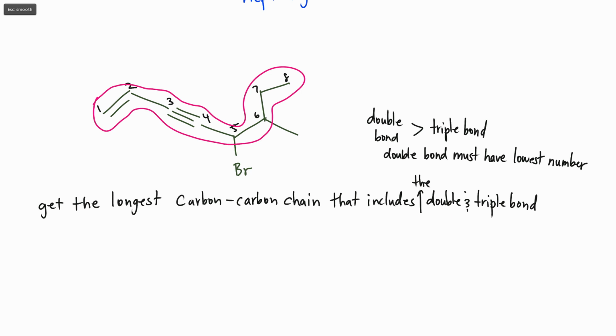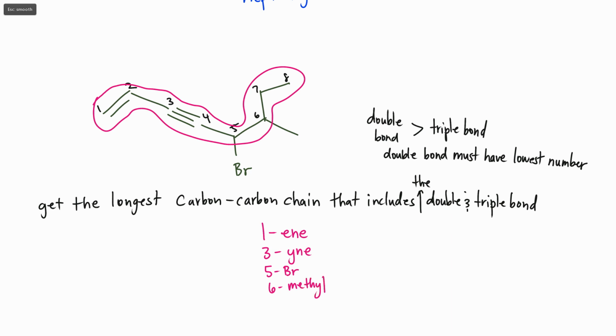On carbon 1, we have an ene that represents a double bond. On carbon 3, we have an yne that represents a triple bond. Okay? On carbon 5, we have a Br, and on carbon 6, we have a methyl.